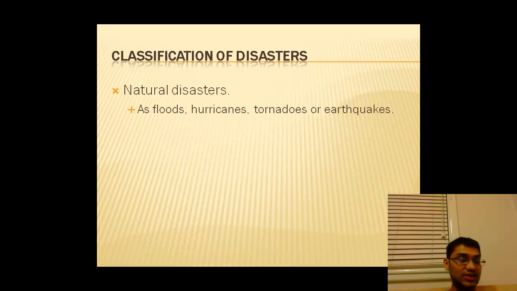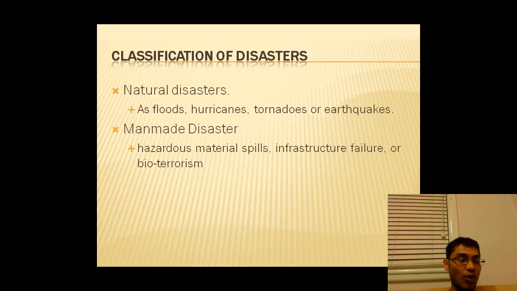There are natural disasters. The first is a natural disaster such as flood, hurricanes, tornadoes, or earthquake. While preventing a natural disaster is very difficult, measures such as good planning, which includes mitigation measures, can help to reduce or avoid loss.